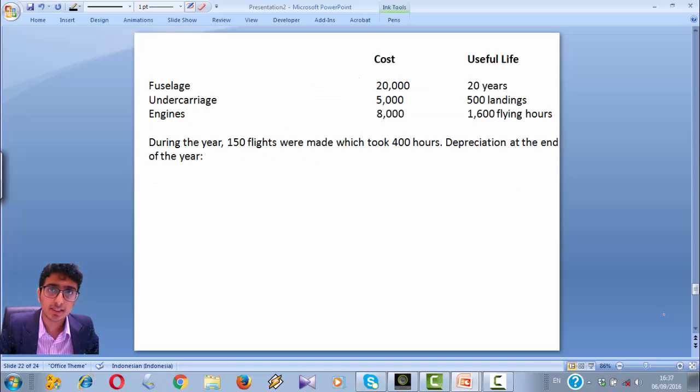It gives the following costs and the useful life: fuselage, undercarriage and engines. This is part of an aircraft. During the year, 150 flights were made which took 400 hours. Our job is to calculate depreciation at the end of the year. Let me start with my fuselage.